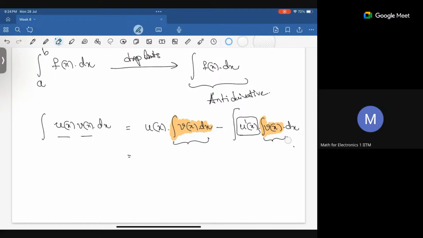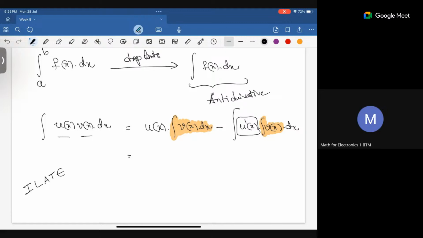Okay, and with the well-known standard functions, there is a nice way to remember how to choose u of x and v of x. I think you also know this. Have you heard of ILATE anytime? Yes, sir.